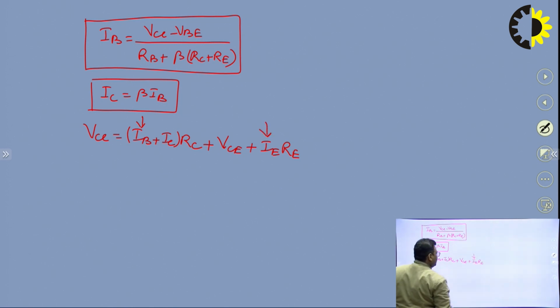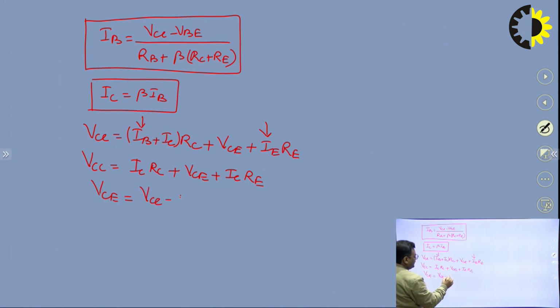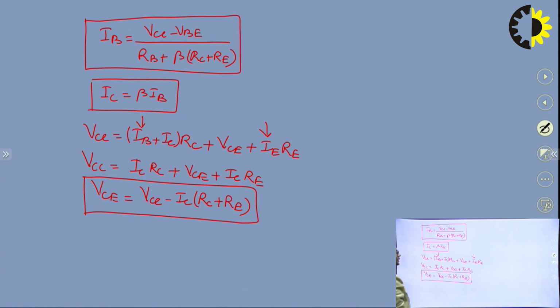IE will be approximately equal to IC. So after applying these assumptions, we can write IC into RC plus VCE plus ICRE. Okay, and then we can find the VCE. So VCE will be equal to VCC minus IC, we can take common, (RC plus RE). Okay, so this will be the final value of VCE.